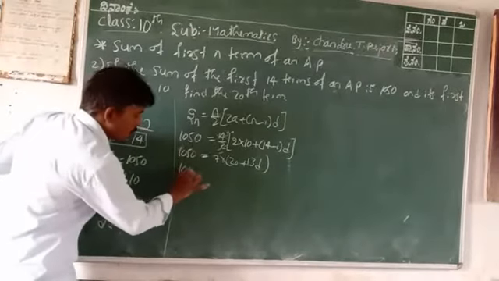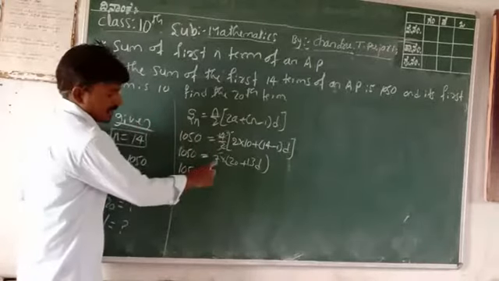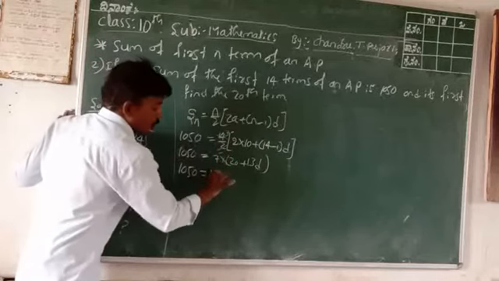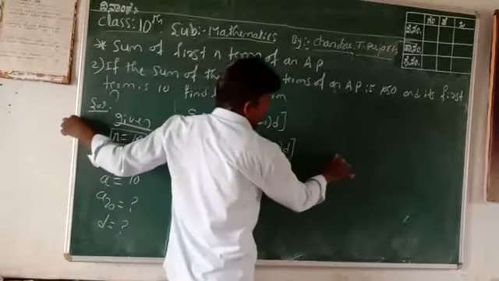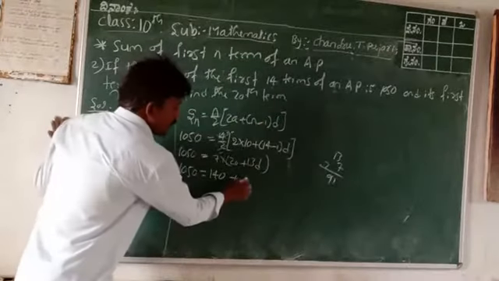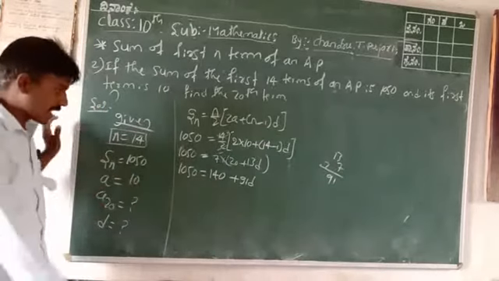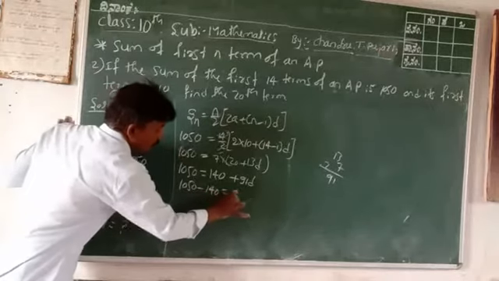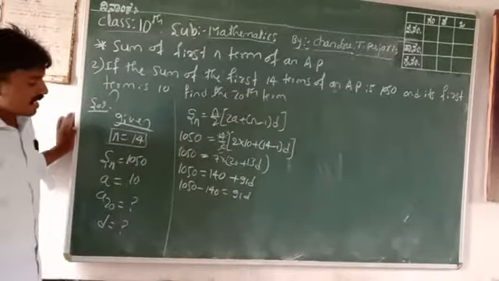Again 1050 is equal to 7 twos are 14, 140, plus 13 sevens are 91D. Next, take 140 to this side: 1050 minus 140 is equal to 91 into D. Therefore next simplification is subtraction of these two.